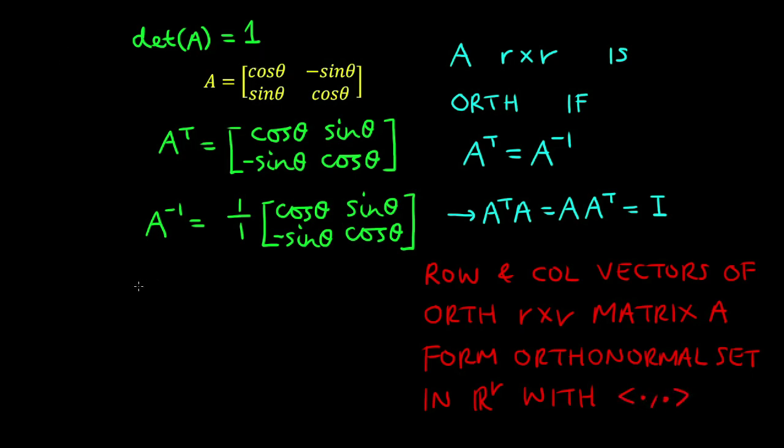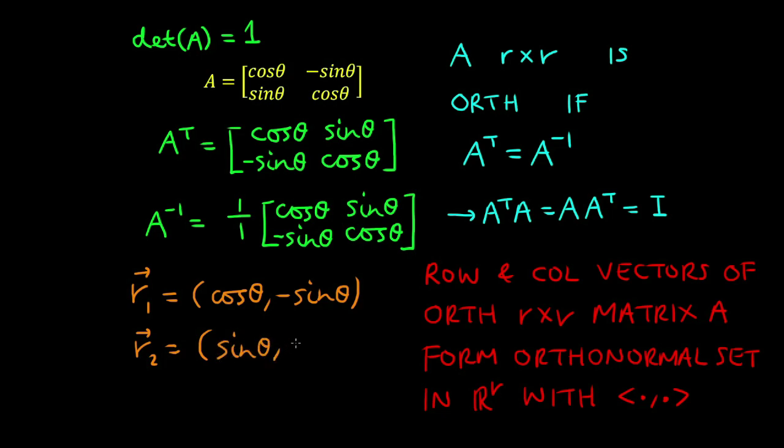So for example, the first row vector of A has components cosine theta and minus sine theta, and the second row vector has components sine theta and cosine theta, and then taking the inner product, we have cosine theta times sine theta minus sine theta times cosine theta, which is 0.